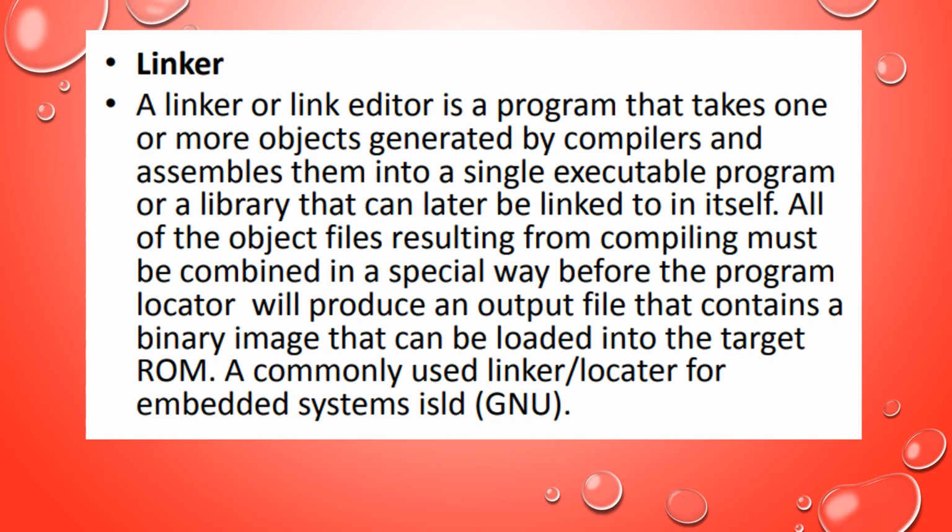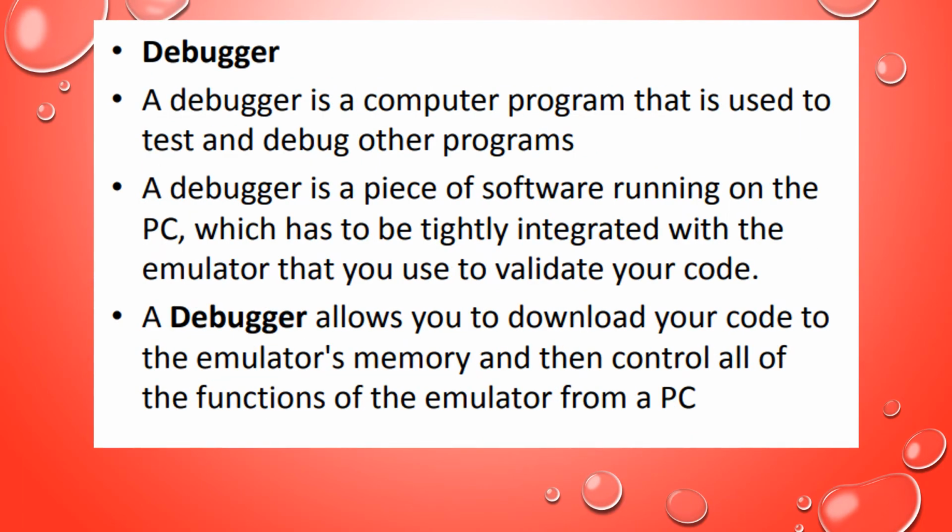The locator also produces a map file that describes the name, size, and absolute and relative location of the program segments and global symbols. Then there is the debugger. So debugging tools are made available. A debugger is a computer program that is used to test and debug other programs.